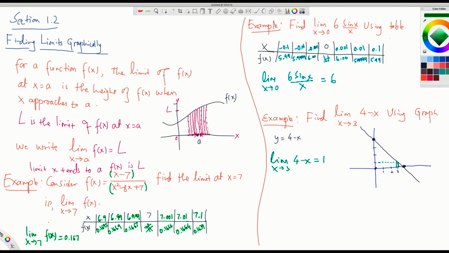You will get 4 minus 2.99, which is 1.01. And 4 minus 2.999 will be 1.001 and so on. So on either side, when you get very close to 3, the height of the function will be almost equal to 1. So the limit of this function using the graph is also 1.